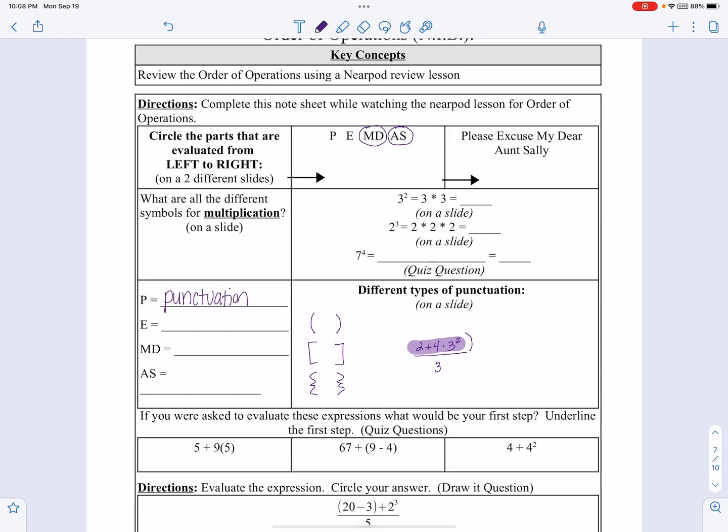So it's sort of like these. It creates punctuation in the top. So you can just sort of keep that in mind as you go. All right, so we have please, which is parentheses or punctuation, and then excuse is our exponent. So let's write that in.